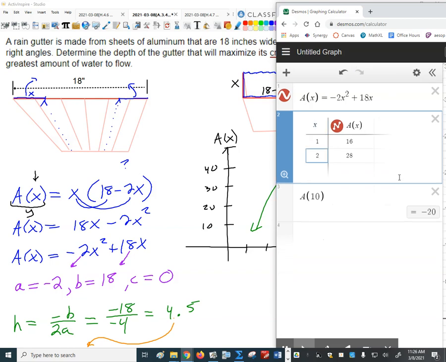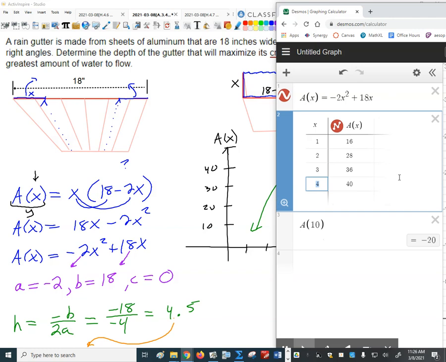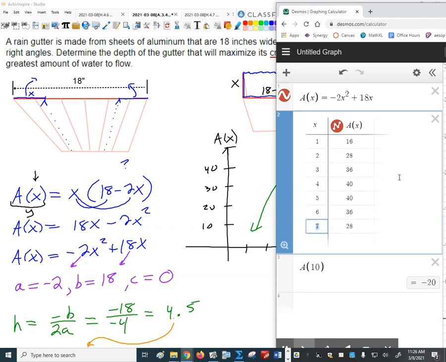So look, I could make my table and I could, oh, look what happened. When I make my table, I didn't get a single value that gave me a maximum, right? And how do I know that every time my maximum is going to work out to be something convenient? It might be some bizarre decimal that I'm not going to find using my table, right?